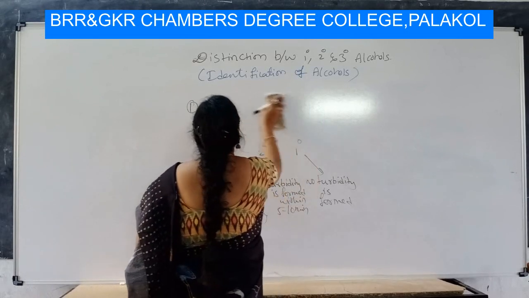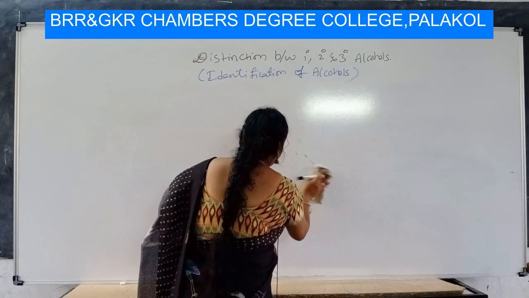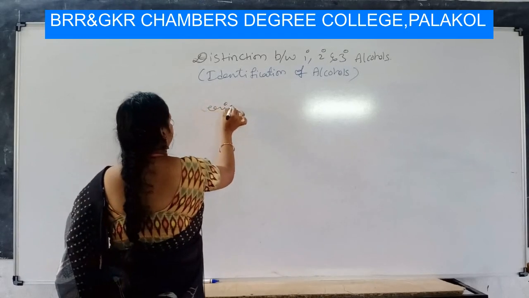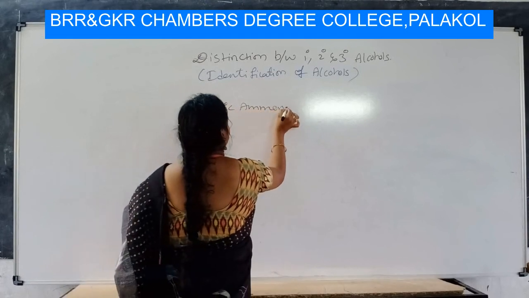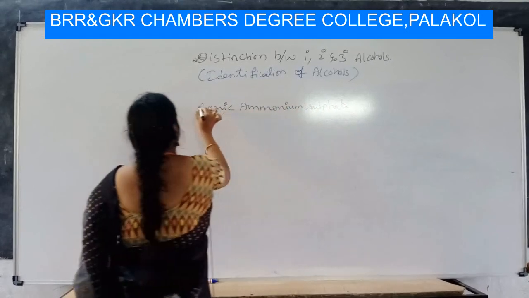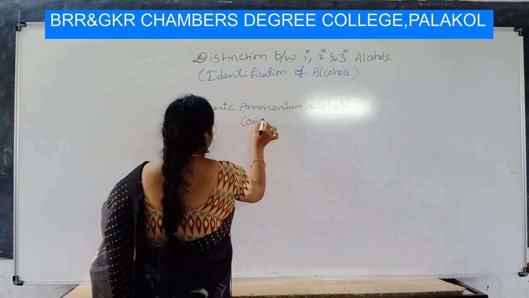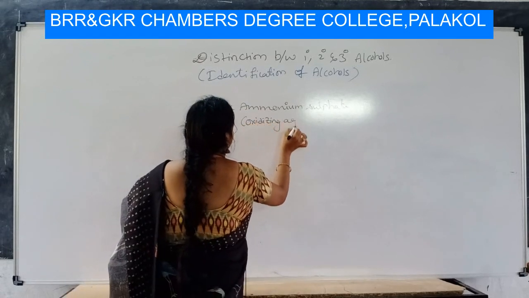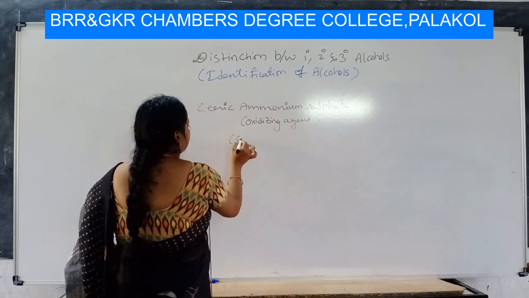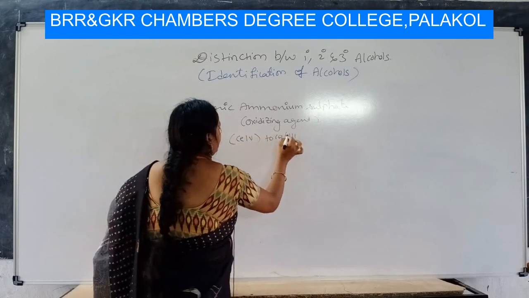In the same way, in place of the Lucas reagent test, we can also use ceric ammonium sulfate. Ceric ammonium sulfate acts as an oxidizing agent and it reduces itself from cerium 4 to cerium 3 state.